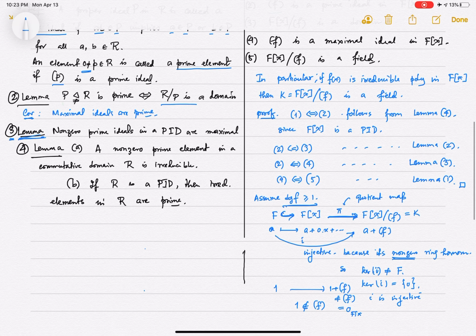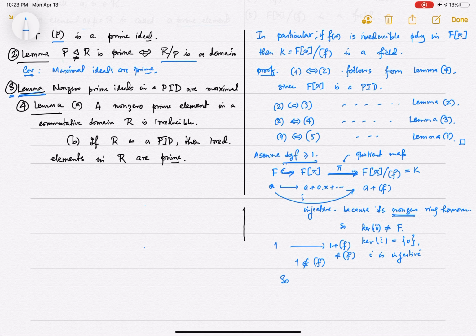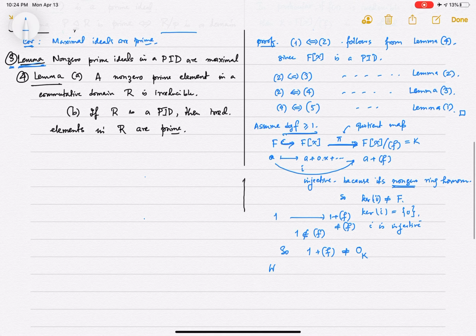Call this K. And this is not 0 of K. 1 plus (f) is not the 0 of K. But this is i(1). So that tells you that this map is injective, and that allows you to identify F inside this ring via this map.